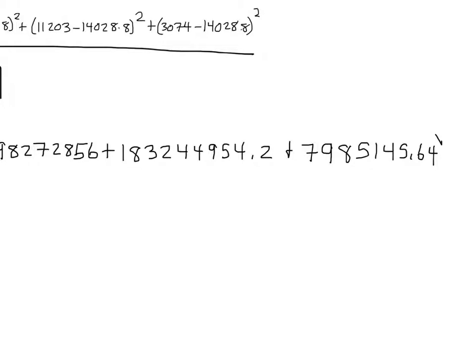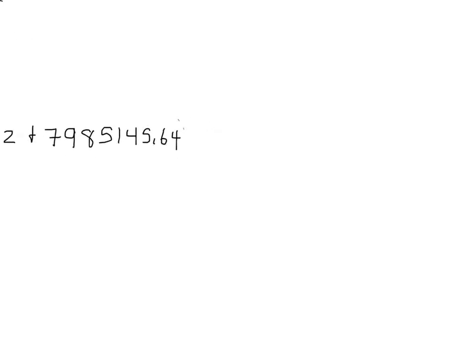And then I will do the last one, which is this one right here. 3,074 minus 14028.8 equals, squared is, and I'm going to put plus 120007643.